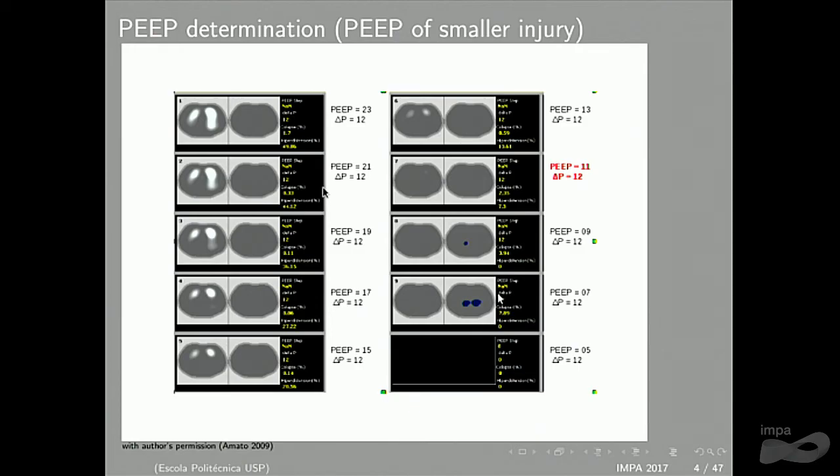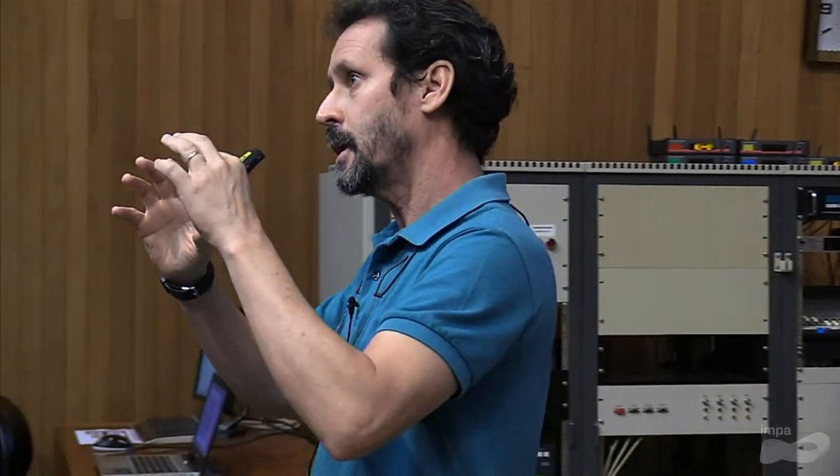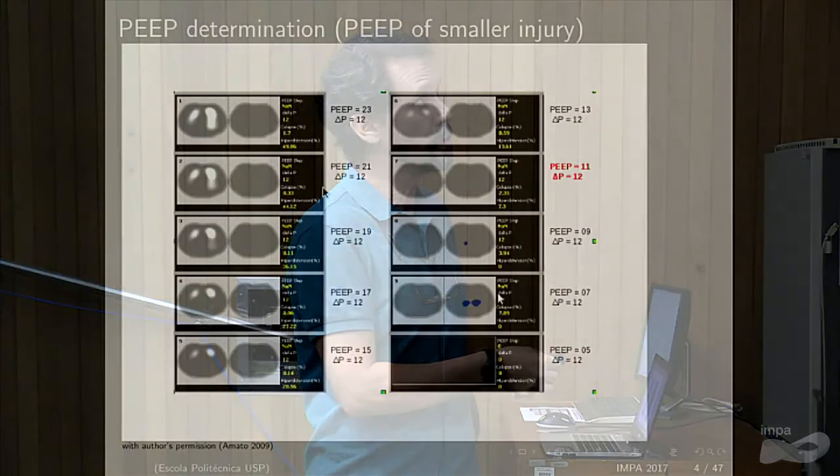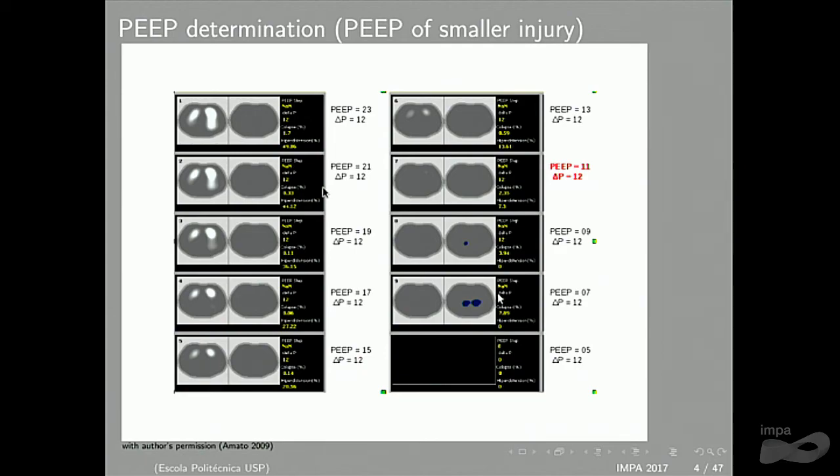When the lung tissue is over-distended, if you drop the pressure, the resistivity changes very little. So from one line to the other in those graphs, we are dropping the pressure from 23 centimeters of water to 21, from 21 to 19, 17, 15, and so on.